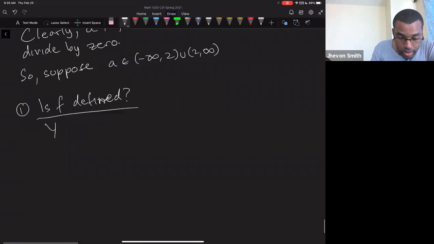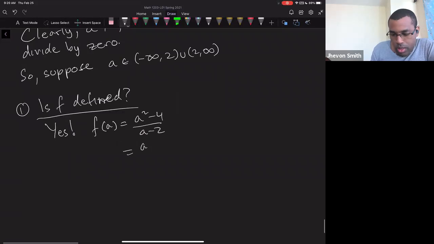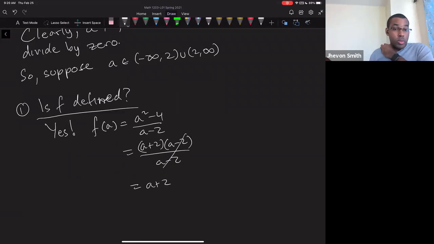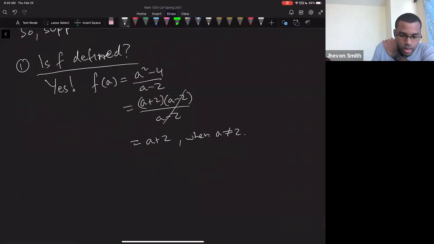And I can say yes, because f of A is going to give me A squared minus 4 over A minus 2, which is A plus 2 times A minus 2 over A minus 2, which is A plus 2. And that's the value it's going to give me when A is not equal to 2. It's just a fraction that I can reduce and get that. Does the limit exist?